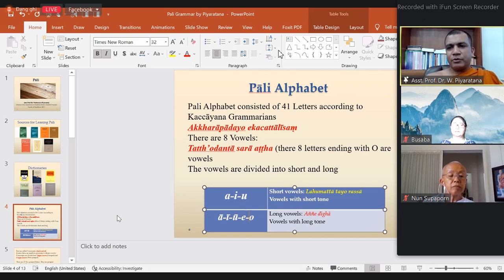That is very common when we come to consonants or byanjana. Even in writing, we have to be concerned with diacritical marks, otherwise it brings a different meaning. The pronunciation is the same. That is very important.